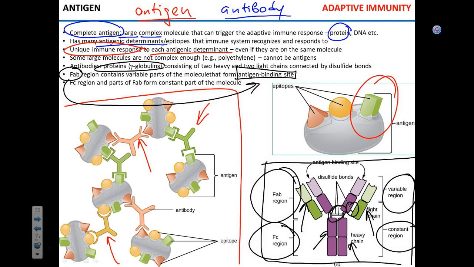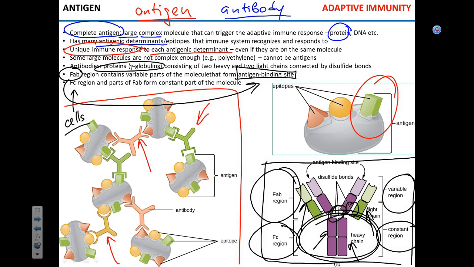And actually, this part, the FC region, is recognized by the cells. So in this case, C stands for cells. We're going to talk about the recognition of the FC region by the cells a little bit later. So far, we good? Understood?